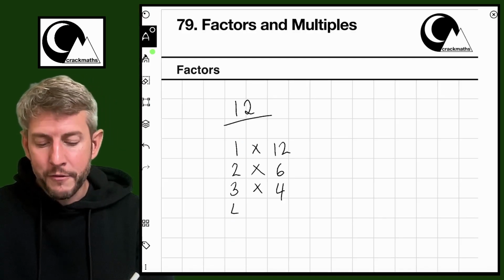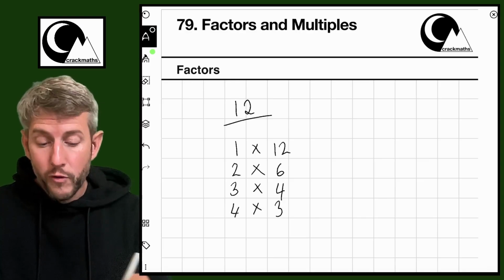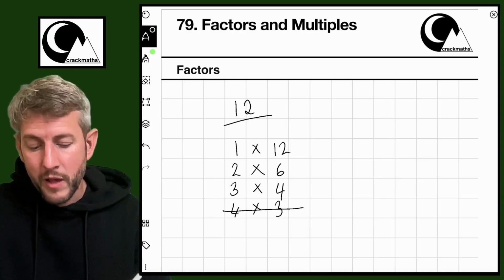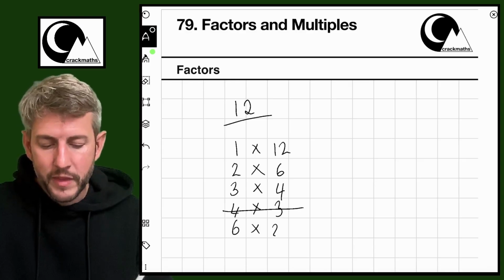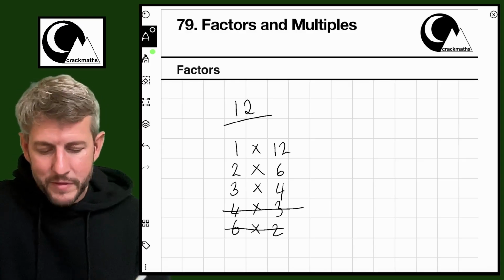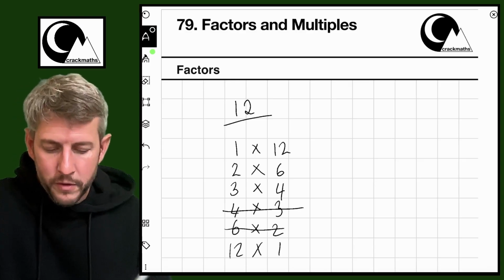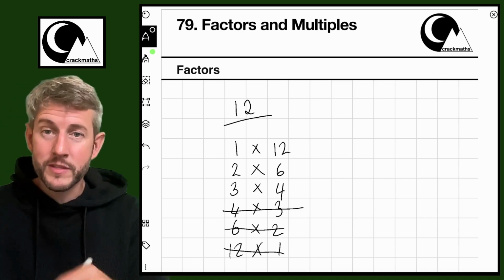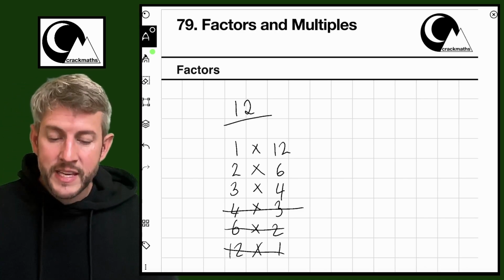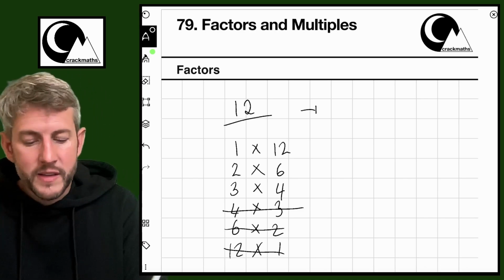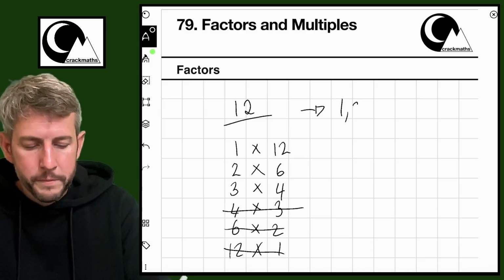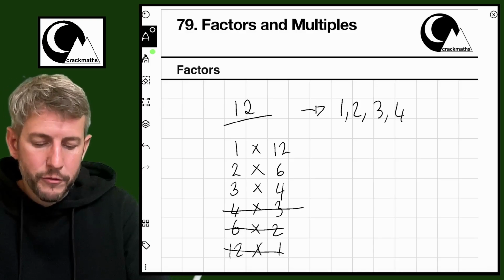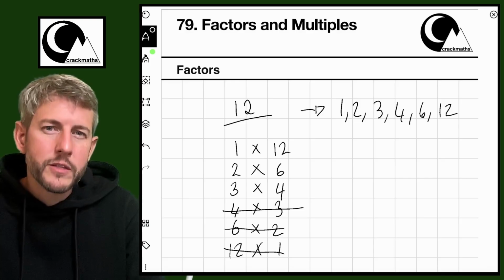I could say 4 times 3, but I've already got these, so I don't need to do that. I could say 6 times 2, but I've already got that. And I could say 12 times 1, but they are already there. So these 6 numbers are the factors of 12. I can write them down in a list: 1, 2, 3, 4, 6, 12.